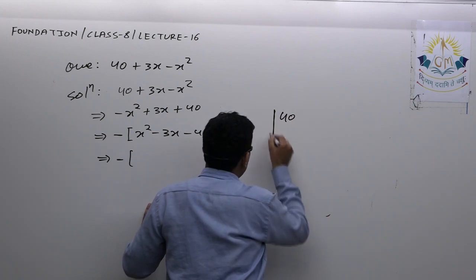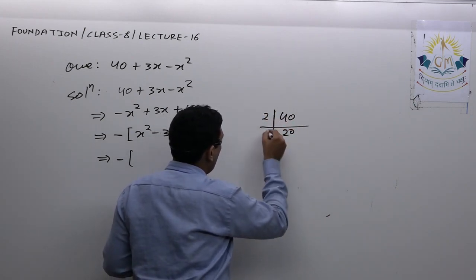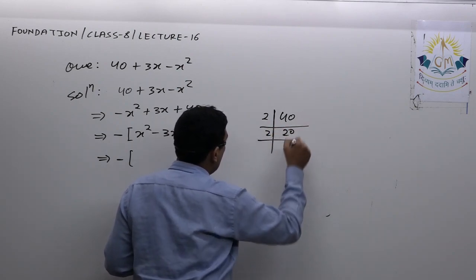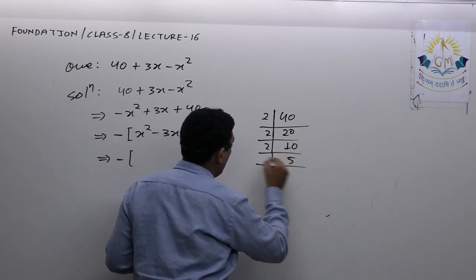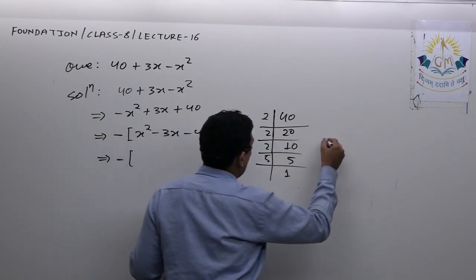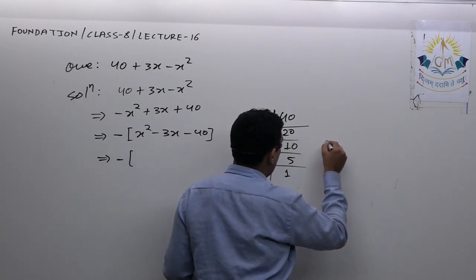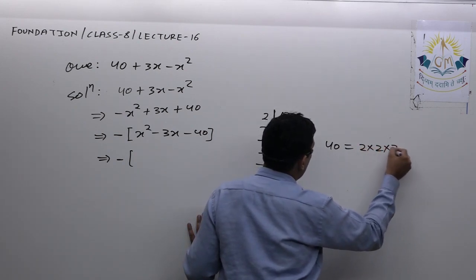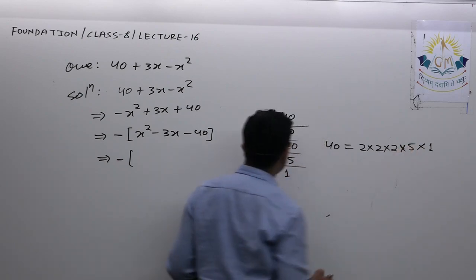However I know these factors, it's very easy to find, but still I am doing it here for your better understanding, so that if you don't know how to find the factors directly, you should follow this method. So factors of 40 are 2 into 2 into 2 into 5. Okay, 40 is equal to 2 multiplied by 2 multiplied by 2 multiplied by 5 multiplied by 1.